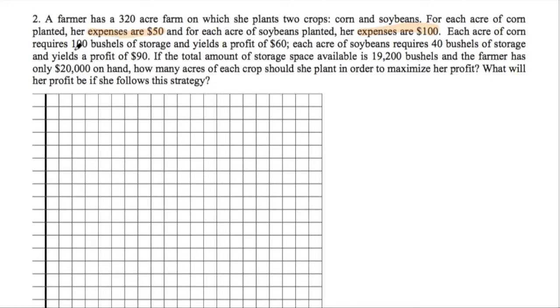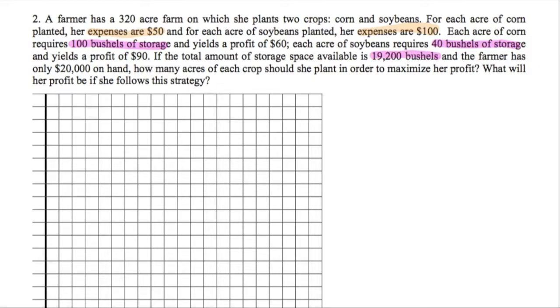Storage for corn, 100 bushels of storage here. But notice the 60 isn't related to storage, but here the 40 bushels of storage is for the soybeans. Now, these are both related to 19,200 bushels altogether.